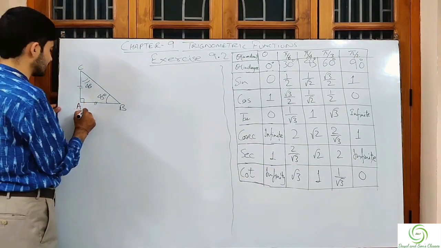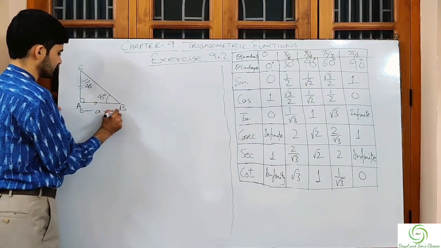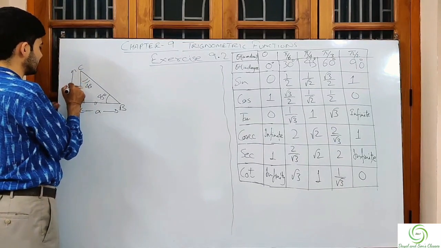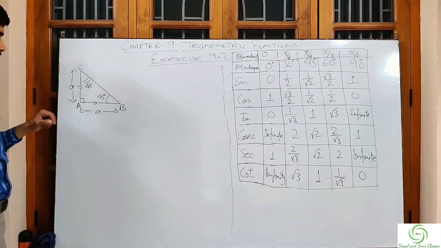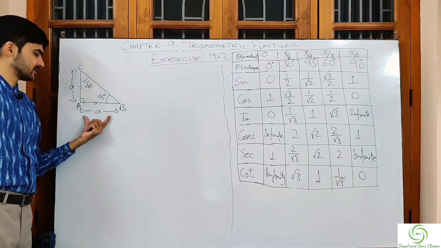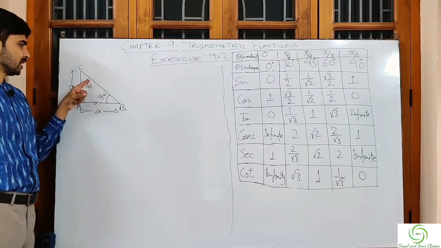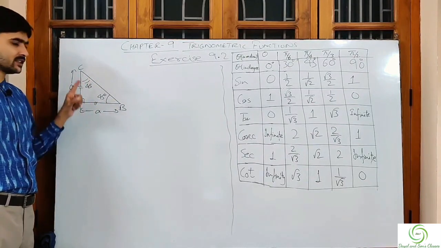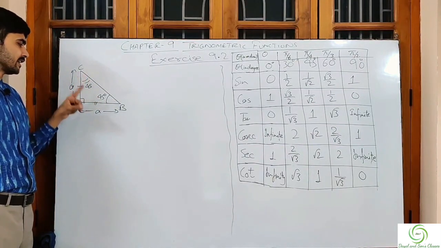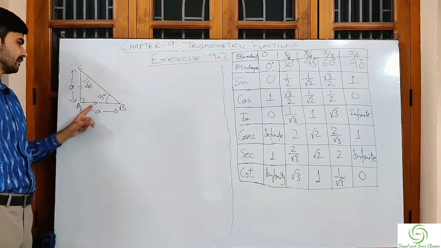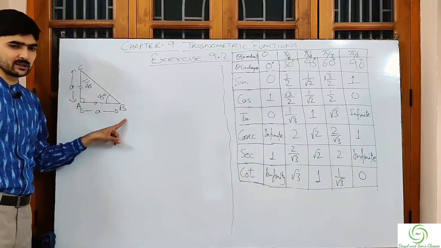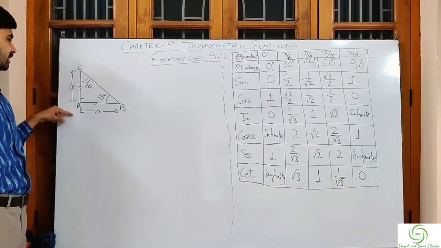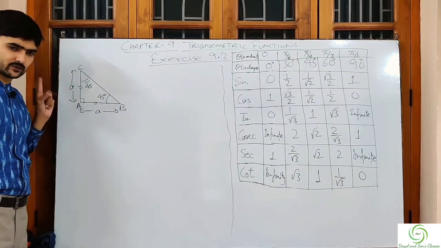Let us say the length of this side is A. Therefore, the length of this side will also be A. If I consider the length of AB as A, and we have just seen that angle C and angle B are both 45 degree, both are equal, that means the sides opposite to them will be equal, that is AB will be equal to AC. And if AB is A, this means AC will also be equal to A, right?